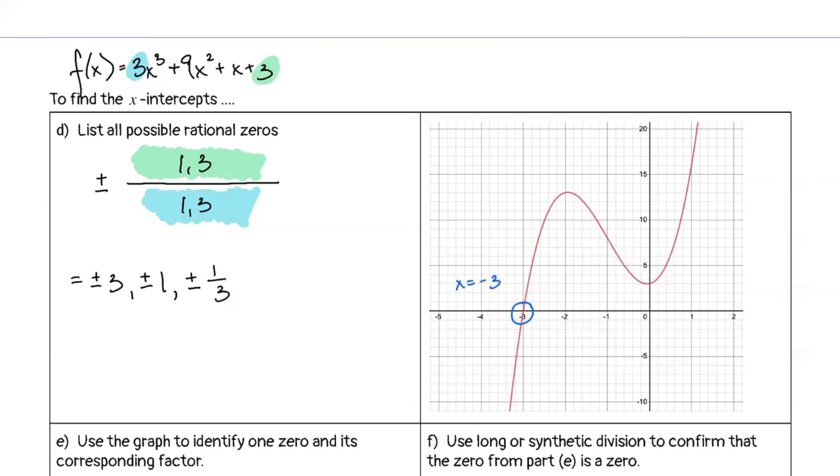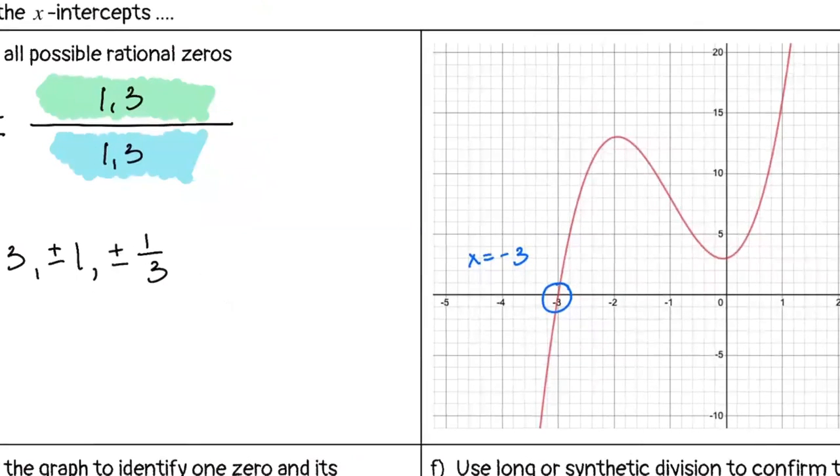Let's think ahead. Let's think about that factor theorem. If x equals -3 is a 0, what is the factor that goes with it? Good. X minus -3, or we might just say x plus 3.